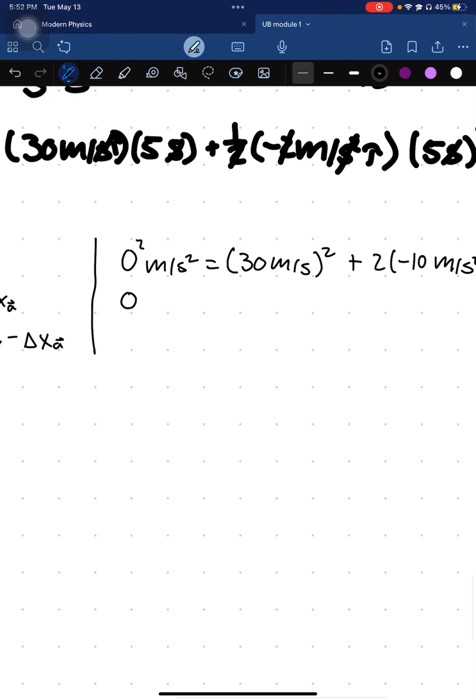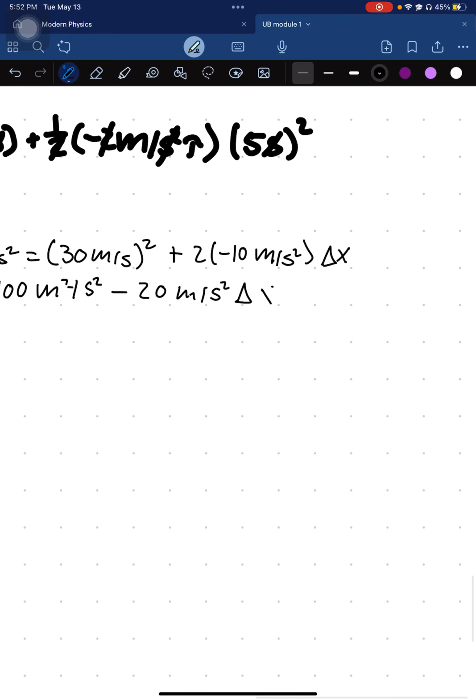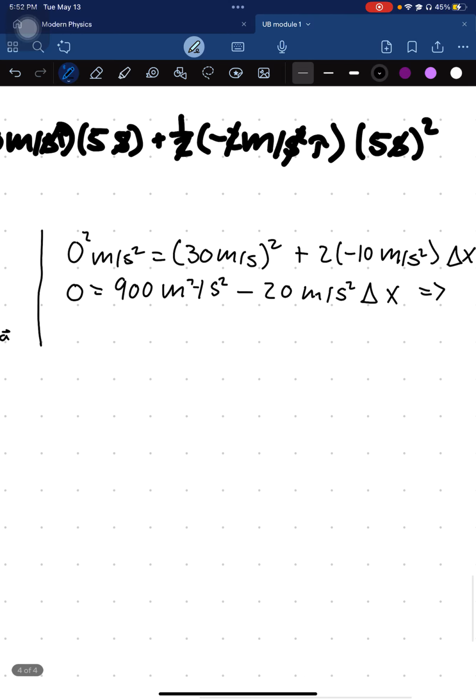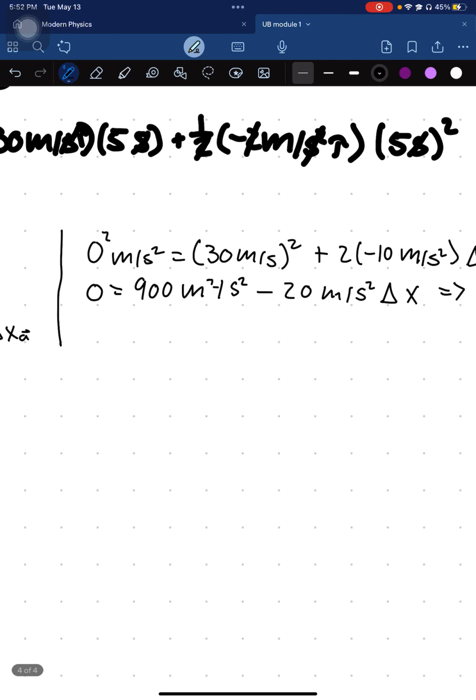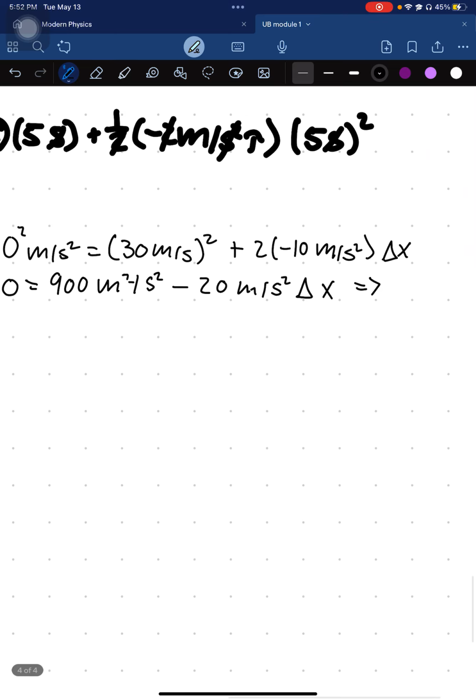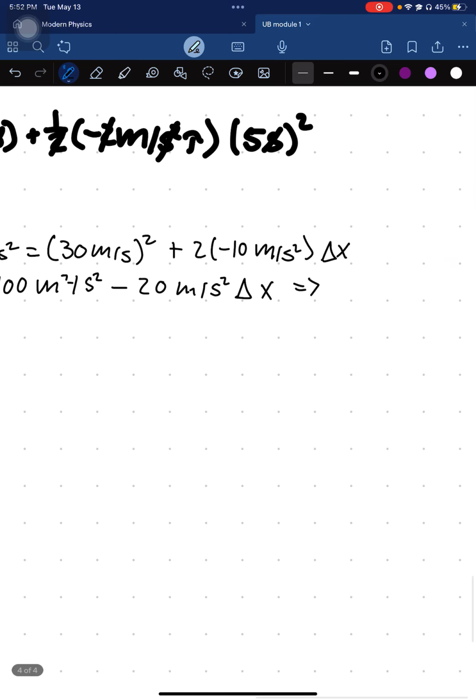So then I have 0 is equal to 900 meters squared per second squared minus 20 meters per second squared delta x. That implies that I'm just going to go ahead and say that we're adding 20 meters per second squared delta x to both sides. That would cancel out with that, and then divide over.